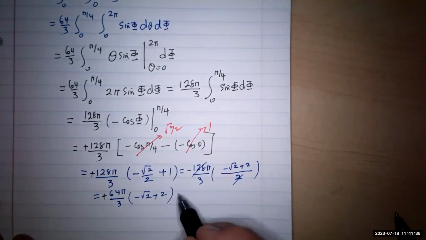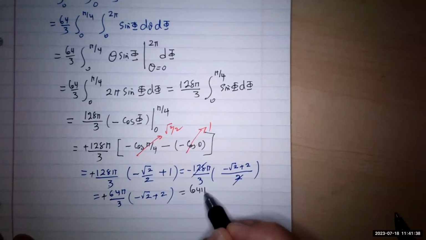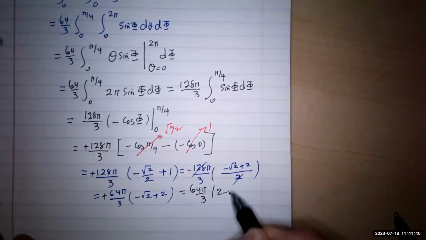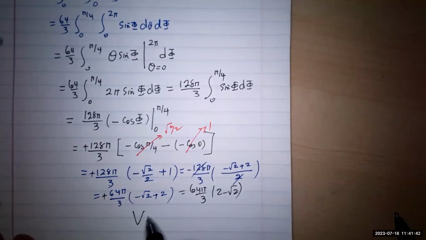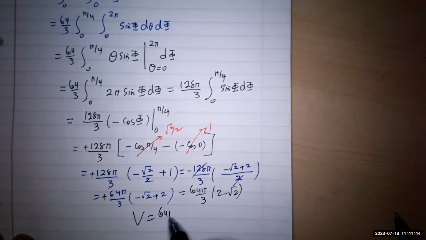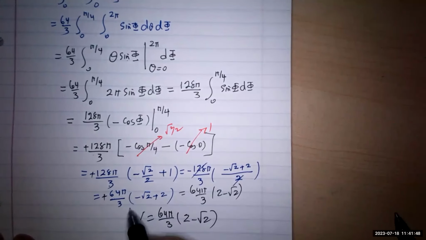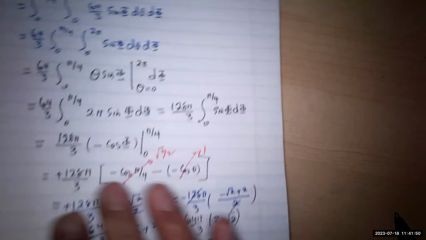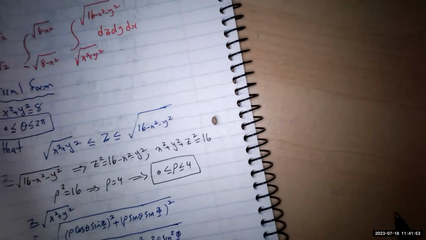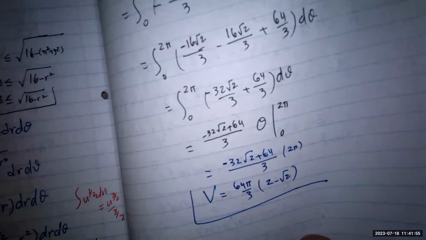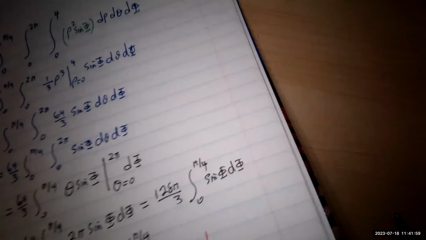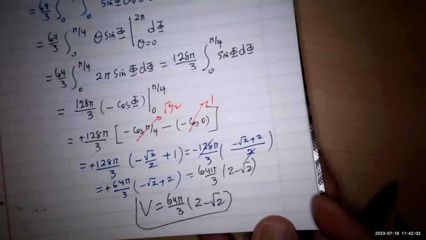Some people write it down as 64 pi over 3 times 2 minus 2 radical 2. So the volume is going to be this one. So this must be the same: 64 pi over 3 times 2 minus radical 2, and 64 pi over 3 times 2 minus radical 2.